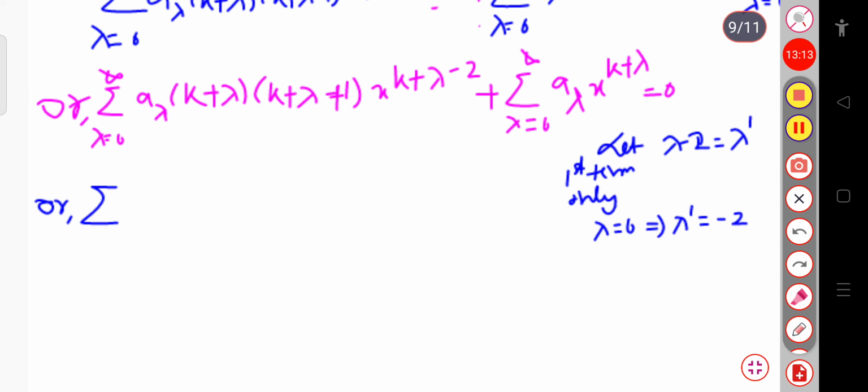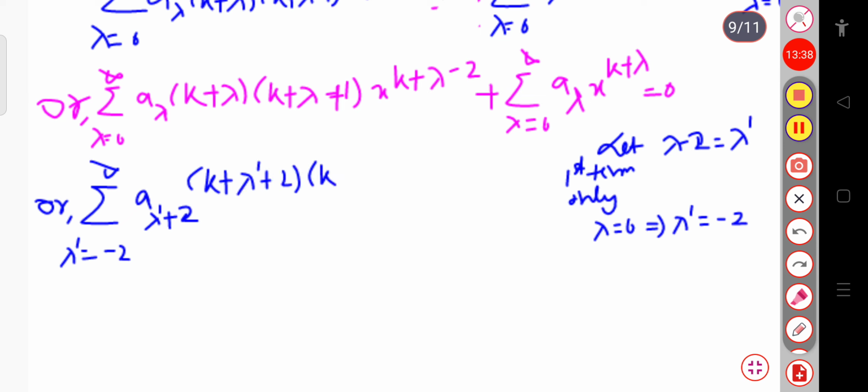So here lambda prime will start from minus 2 to infinite, and in place of lambda I will write lambda prime plus 2, and in place of lambda plus 1 I will write lambda prime plus 3.